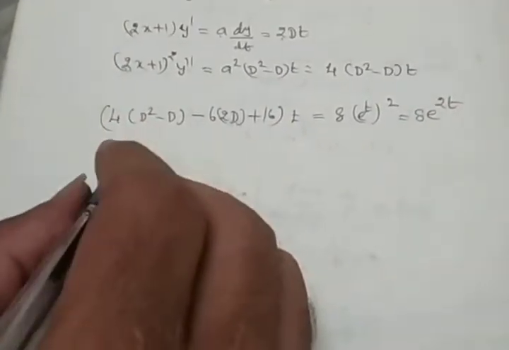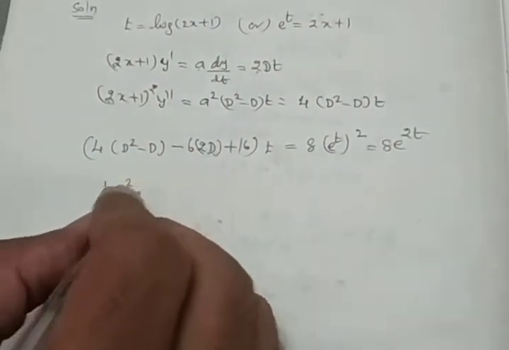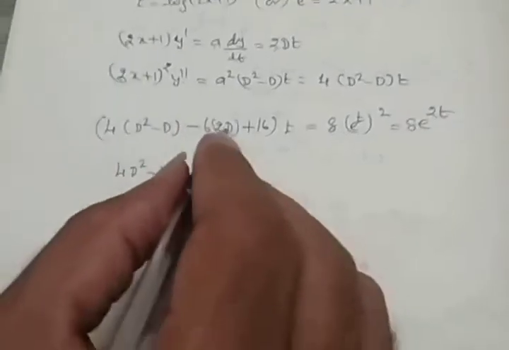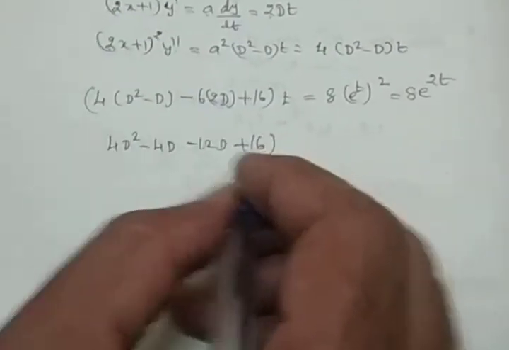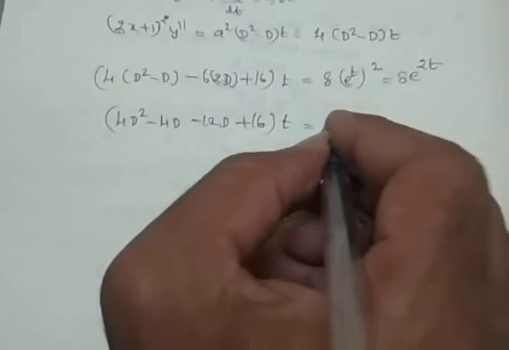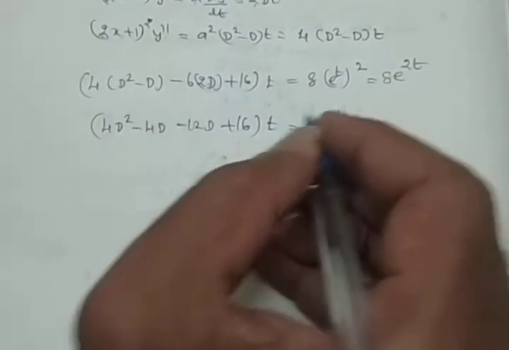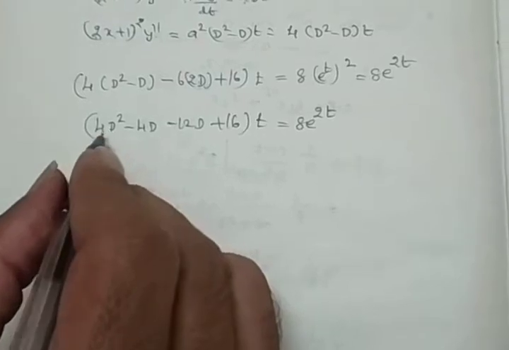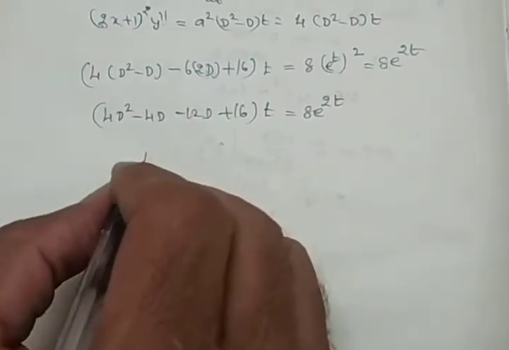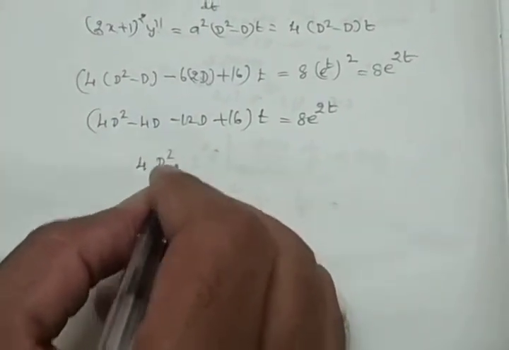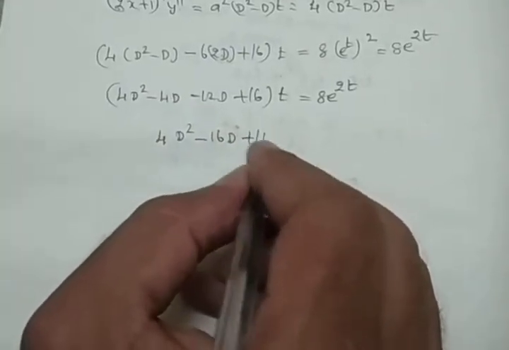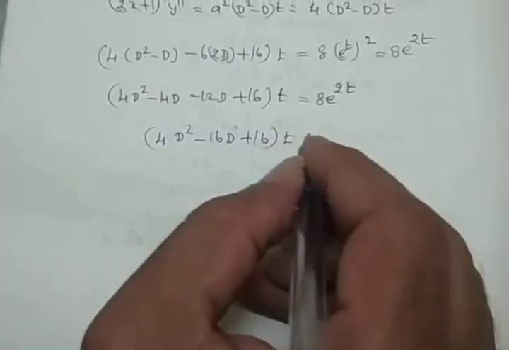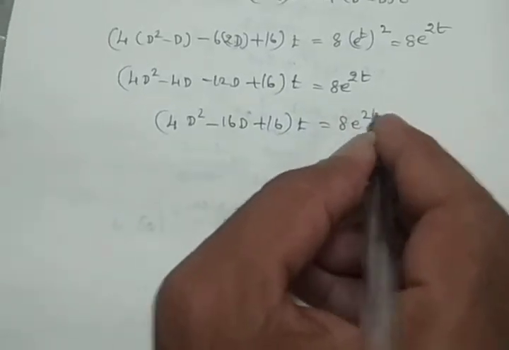Now multiply this one: 4 times D square minus 4D, minus 12D plus 16 of t equal to 8 times e power 2t. Now this one we can write as 4 times D square minus 16D plus 16 of t equal to 8 times e power 2t.